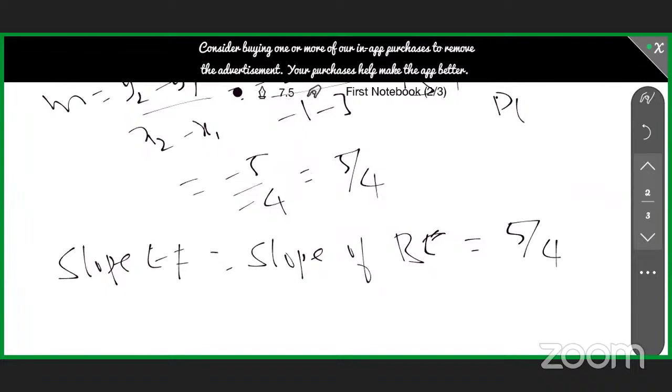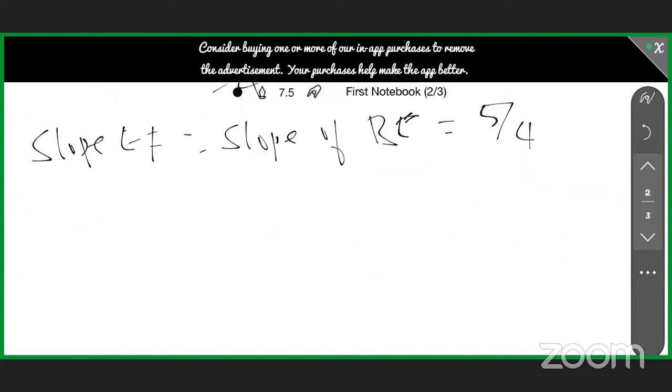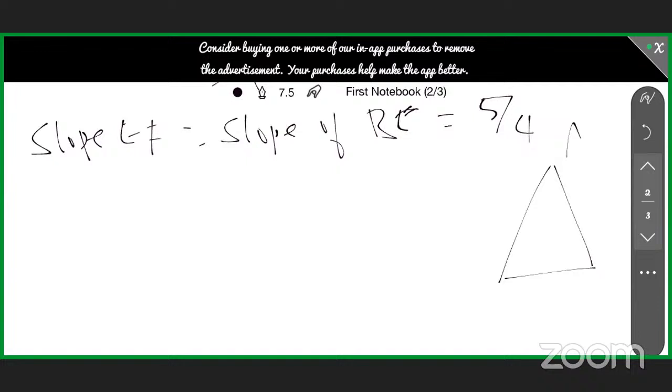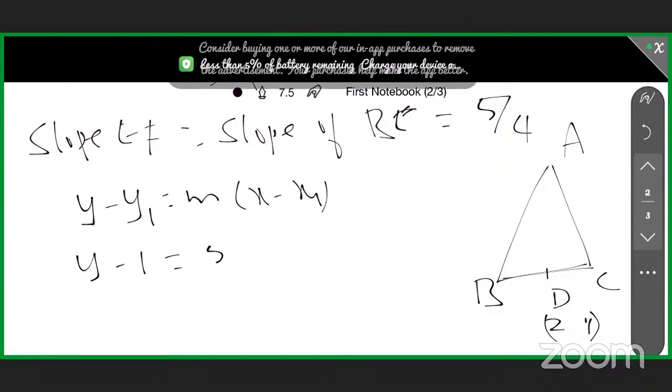So I'll draw the same triangle now. Triangle ABC. This is my point D. D value is (2, 1), and I know the slope is 5 by 4. So my line is passing through a point and has a slope. By the point-slope form, y minus 1 equals m into x minus 2, with m equal to 5 by 4.